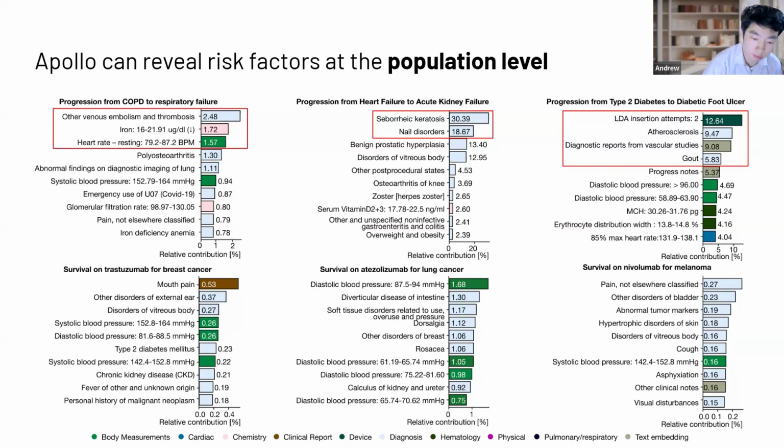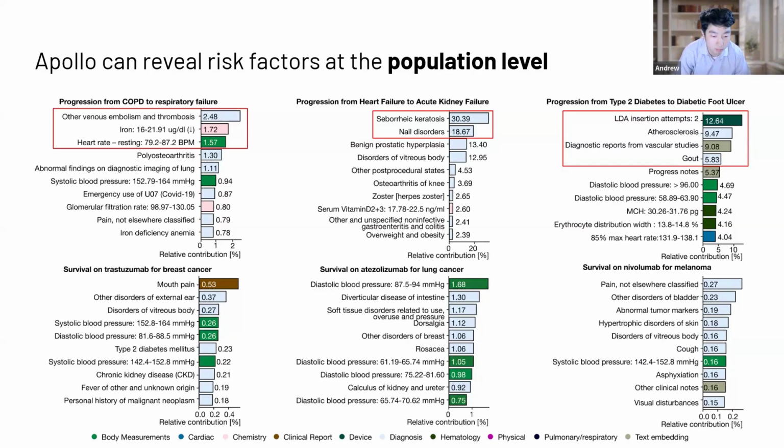At the population level, we can also show certain biomarkers and how they contribute to the overall risk, in terms of absolute contribution. I would like to highlight a few examples. For progression from COPD to respiratory failure, we see biomarkers that point to cardiopulmonary strain and also iron deficiency.